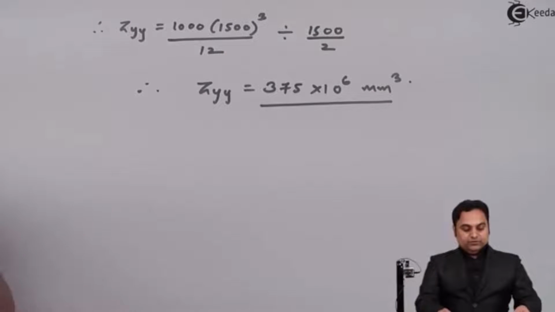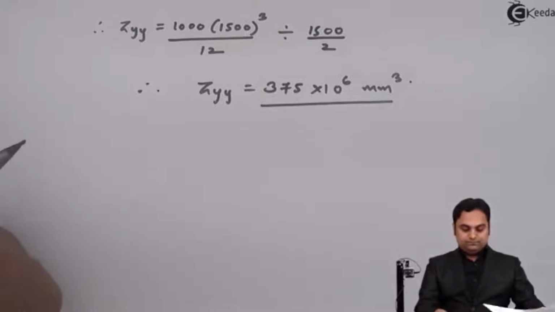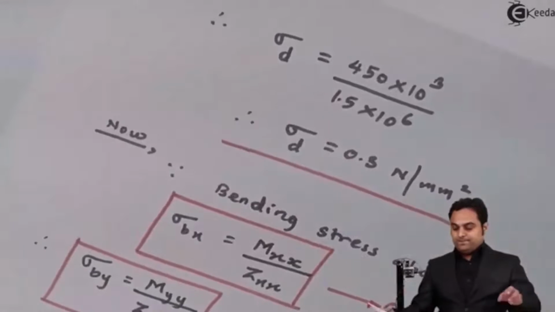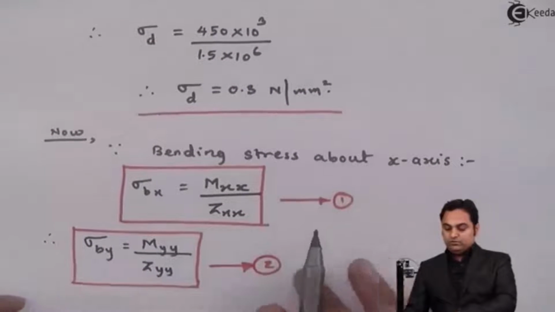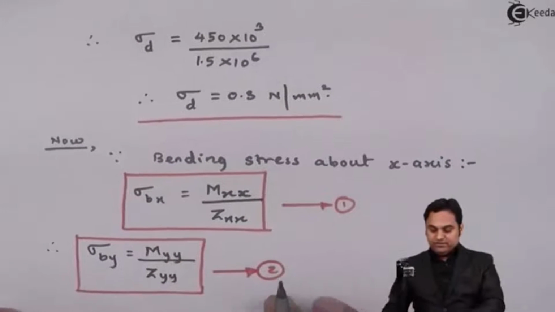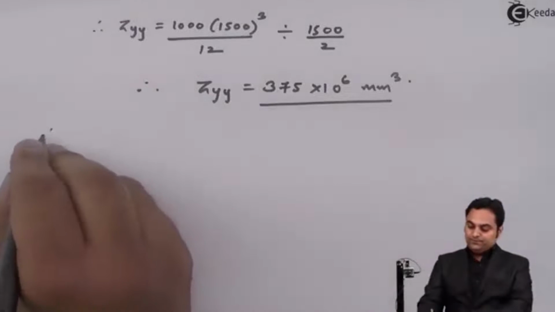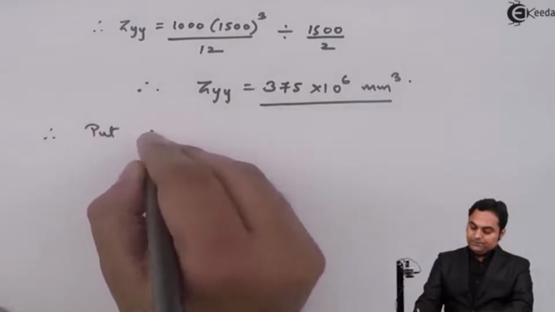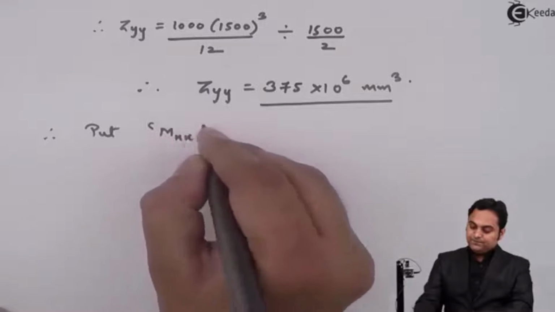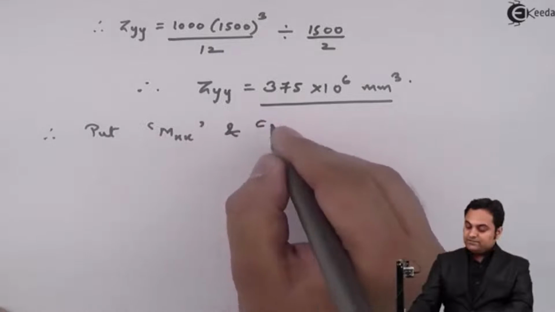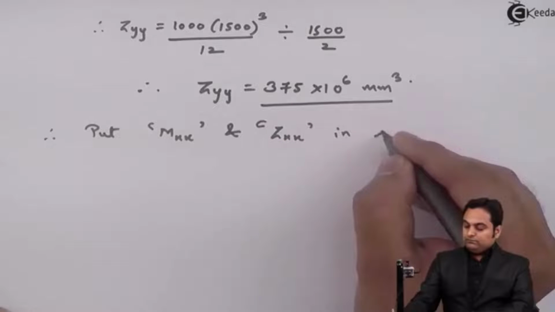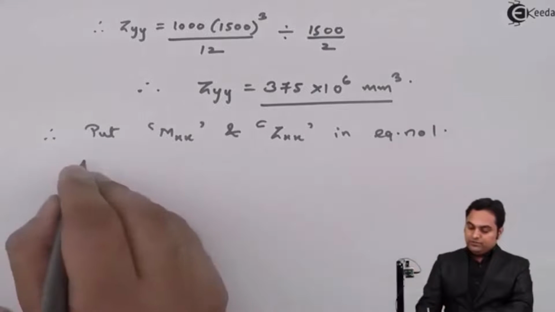After getting these values, we can put them first in equation 1 to get sigma bx, then in equation 2 to get sigma by. So put Mxx and Zxx in equation number 1.